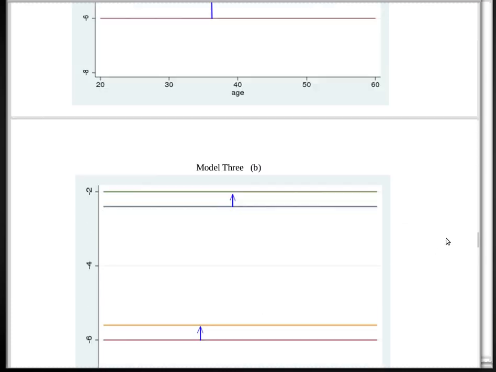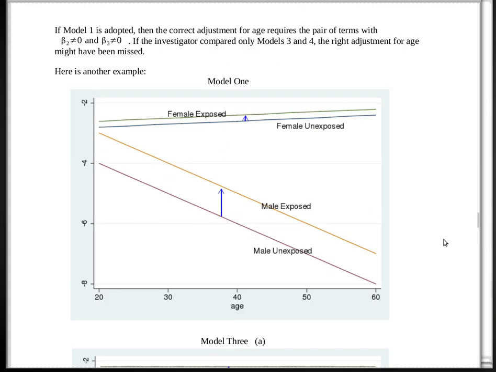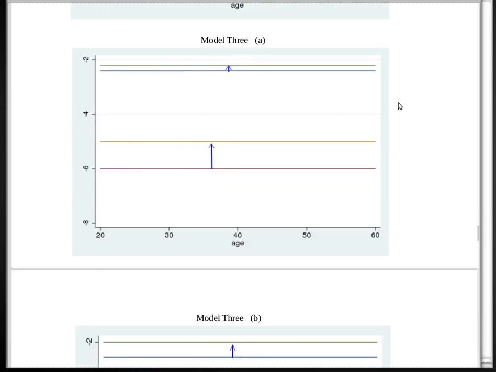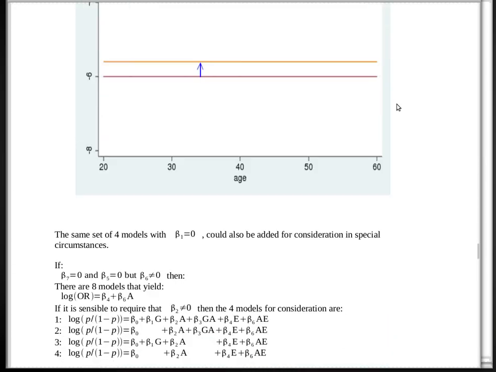Just to repeat that. Okay, Model 1 has two lines of the same slope for the women and the same slope for the men, but these two lines with the same slope for the men have a different slope than they do for the women. Okay.